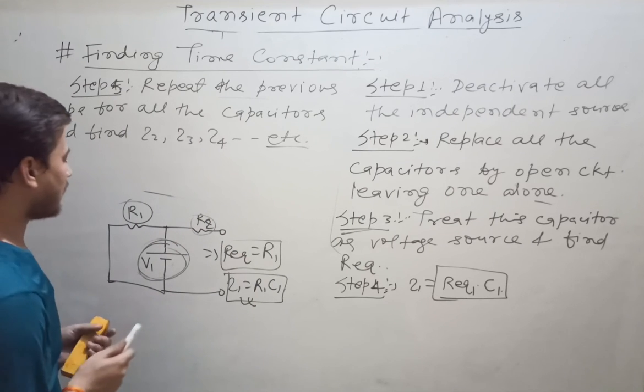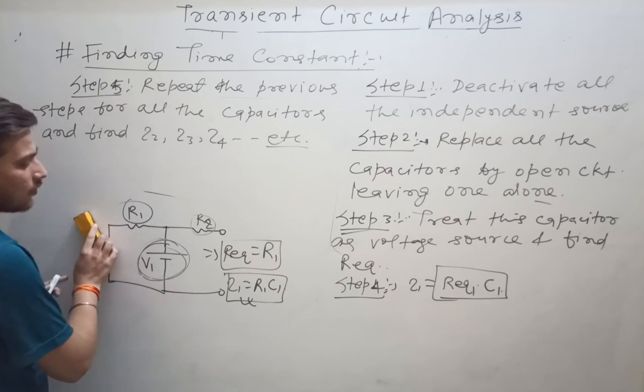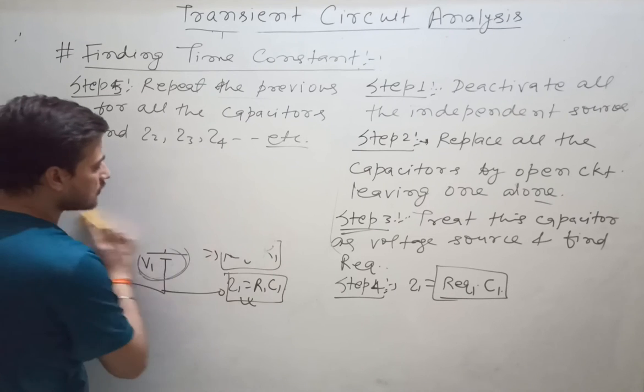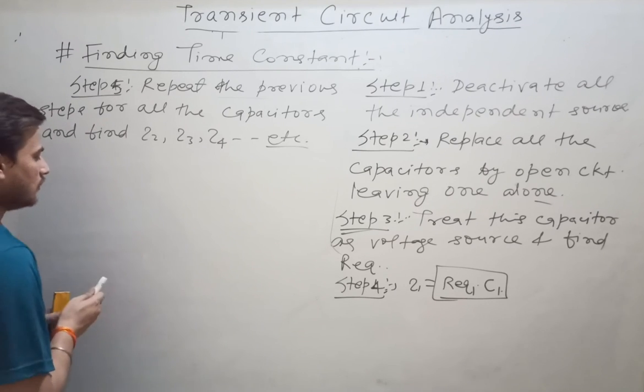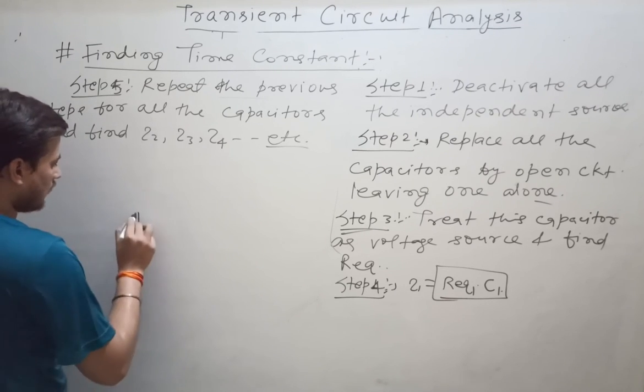We got tau 1 equal to R1 into C1. Now we'll repeat for another capacitor.